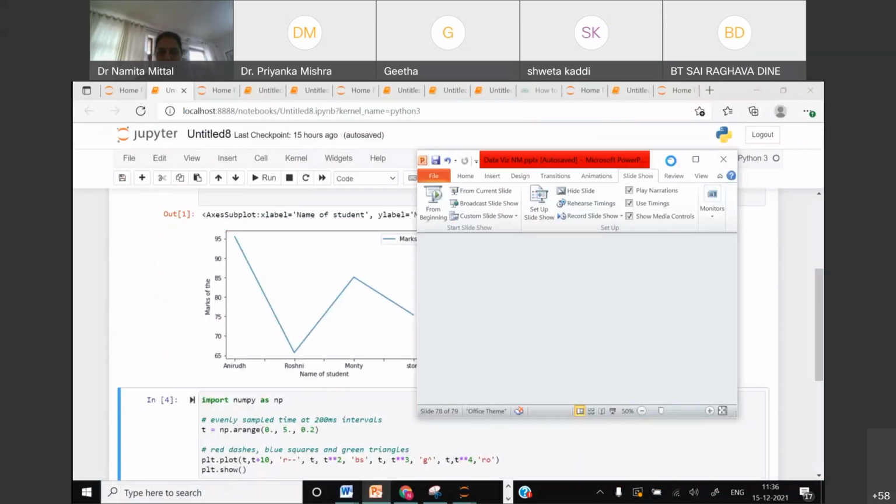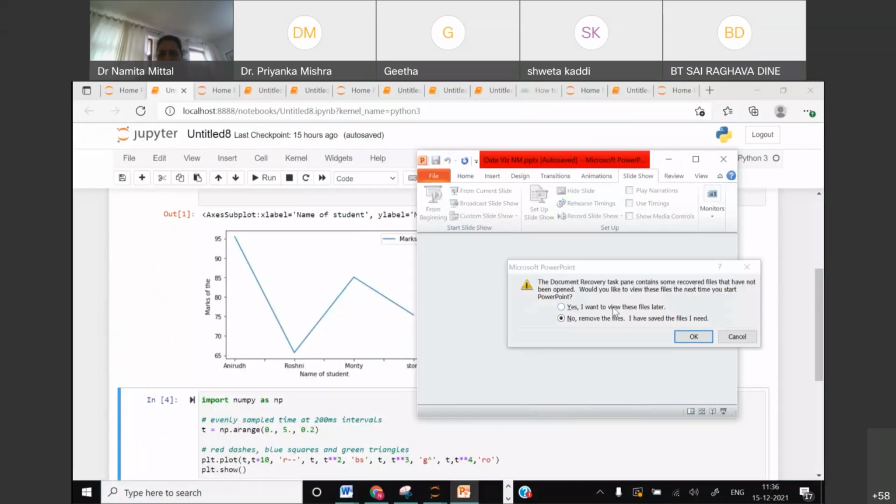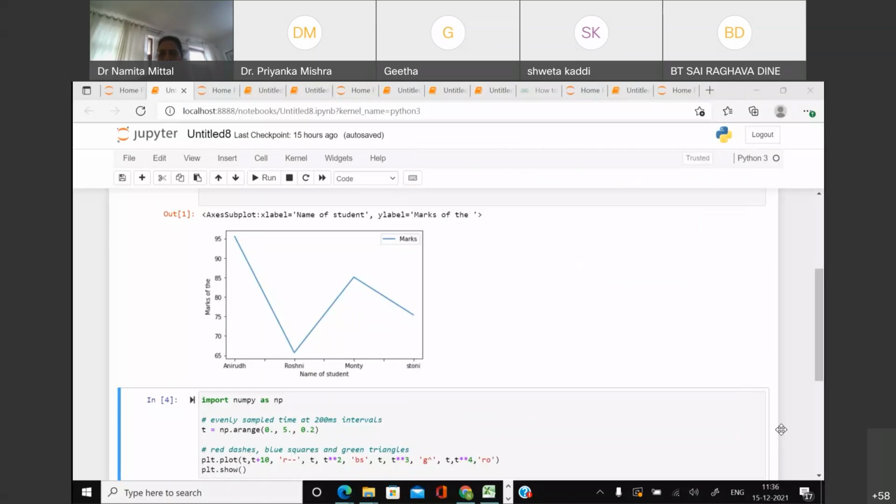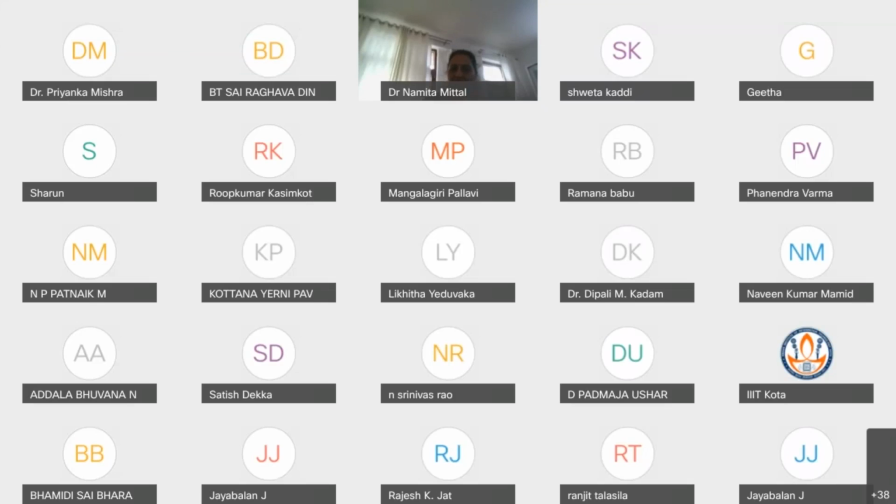So I think that Madam has given us so vast knowledge of how we can initiate if we are going to pursue our research or if we are already stuck anywhere. So on behalf of the participants, I really like to thank you, ma'am, for giving your precious time to us and sharing your knowledge with us. Thank you for accepting our invitation. Thank you, ma'am. Thank you very much.